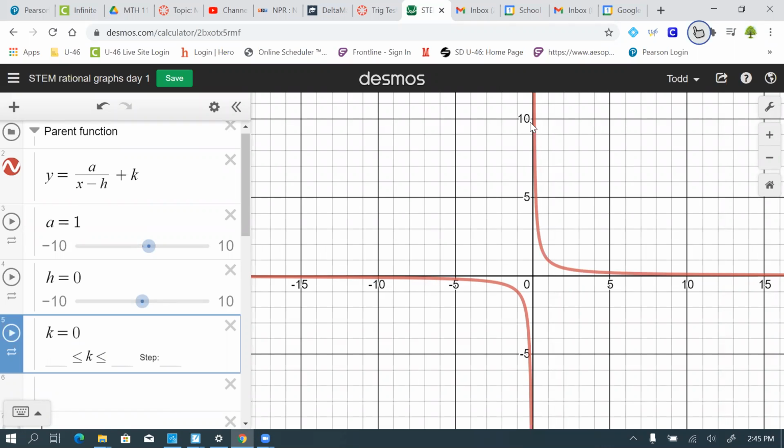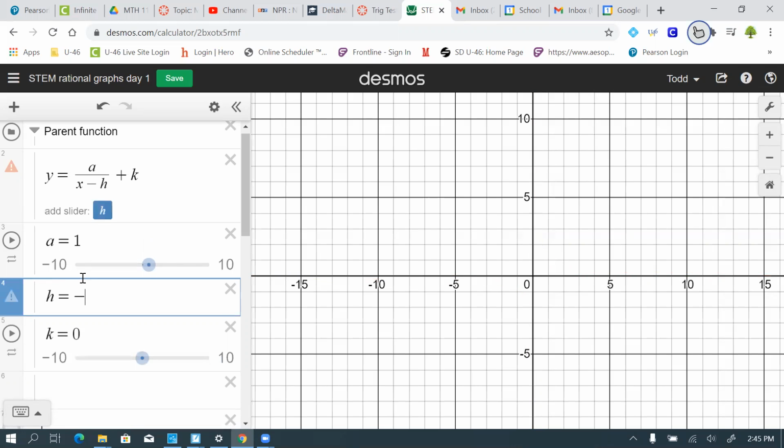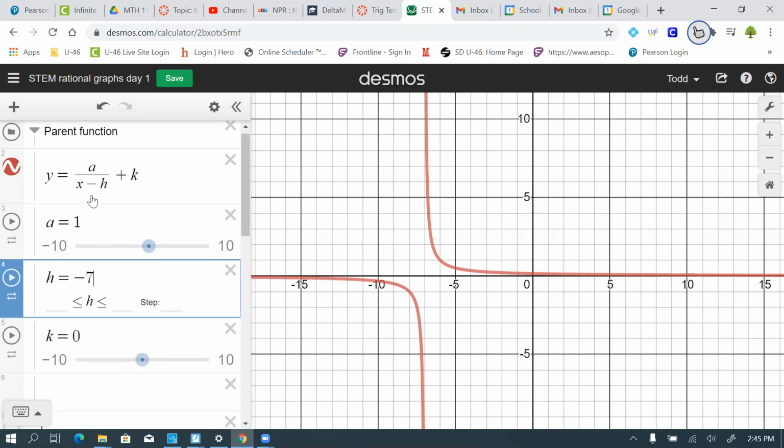So if you want to move the vertical asymptote, let's say to the left 7, then you are going to type in -7 for h. But realize x minus the h value, which is -7, would be x minus -7.